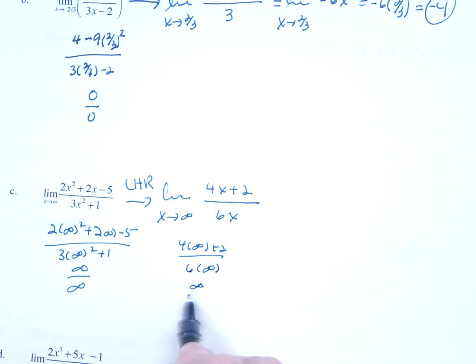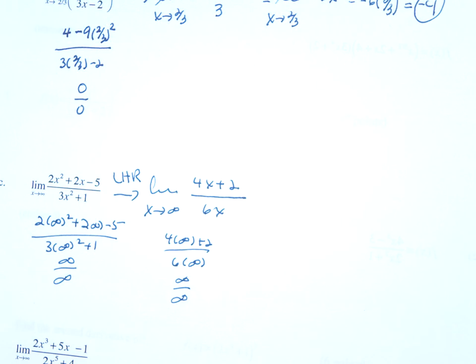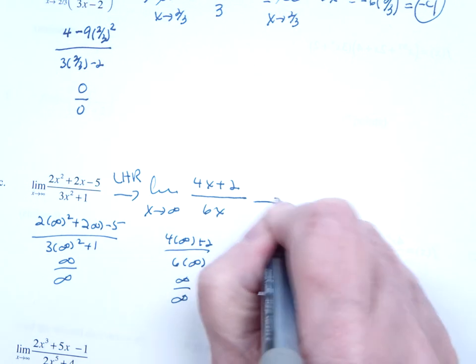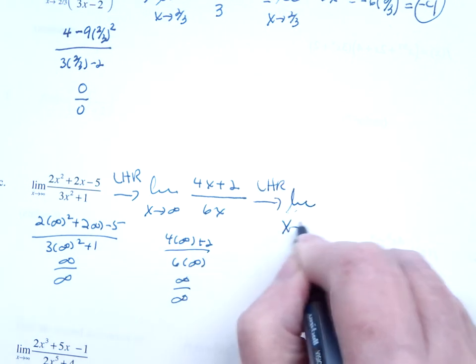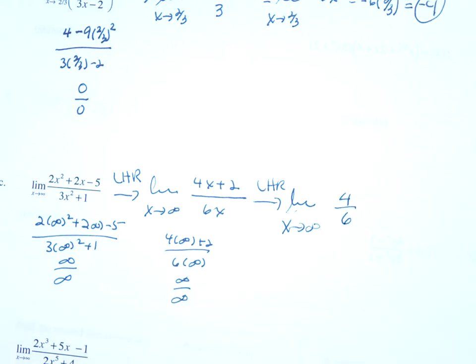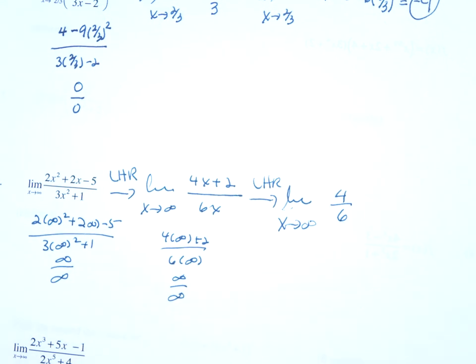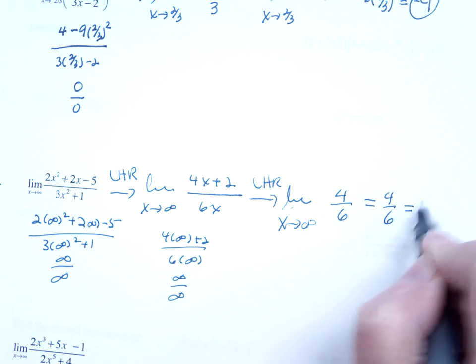This is still infinity over infinity. So I've got to use L'Hopital's rule a second time. So this is the limit as x goes to infinity of just 4 over 6. That's just a constant. So it's 4 over 6 or 2 over 3.